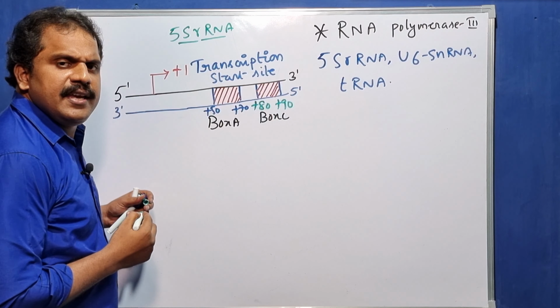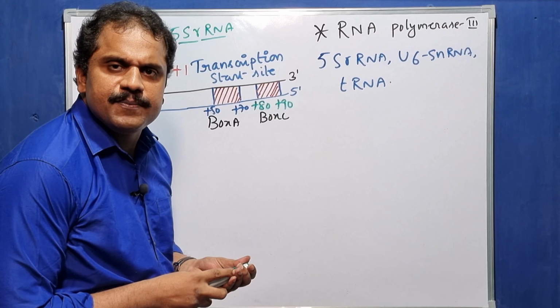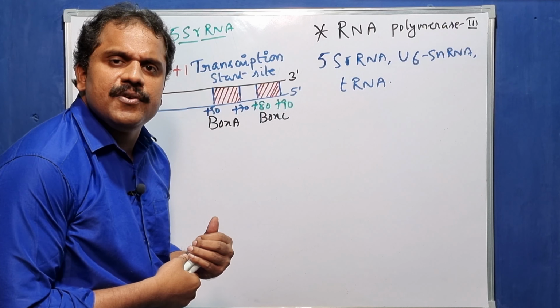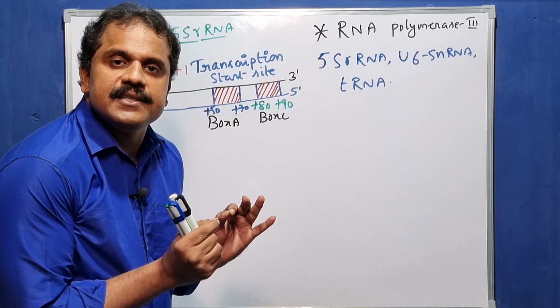Is it clear? So this is the promoter region which is responsible for the successful expression of 5S rRNA. In addition to this, let me show you the promoter region which is responsible for the successful expression of tRNA.